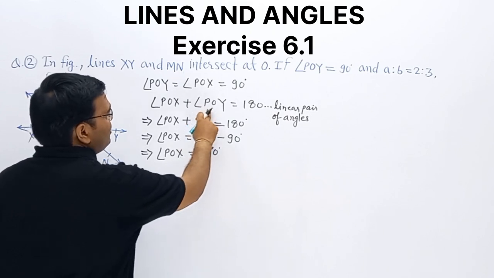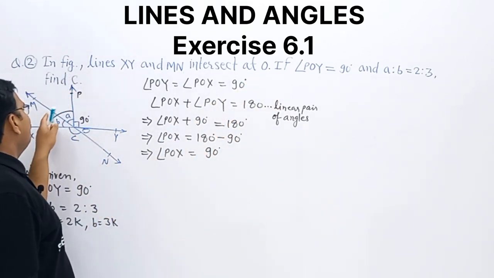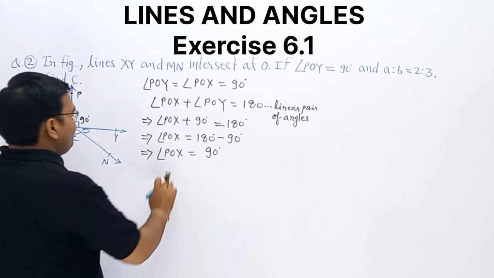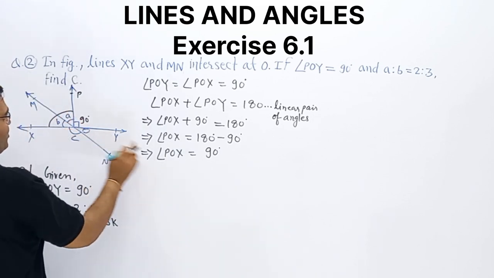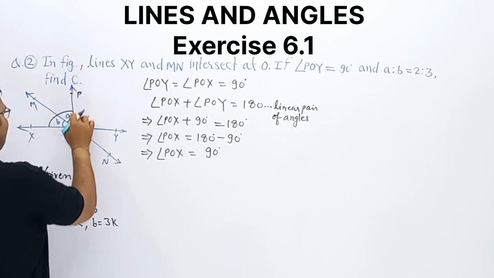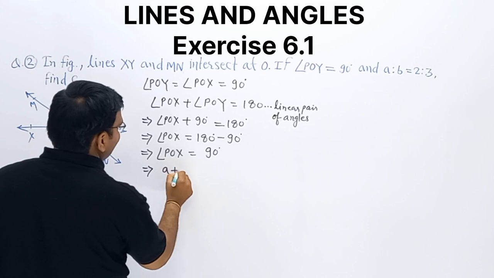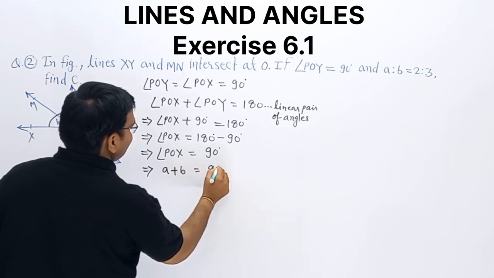And finally, putting and solving, we get POX. This remaining angle will be 90 degrees. And POX is the sum of angle MOX and POM, A plus B. So POX can be written as A plus B equals 90 degrees.